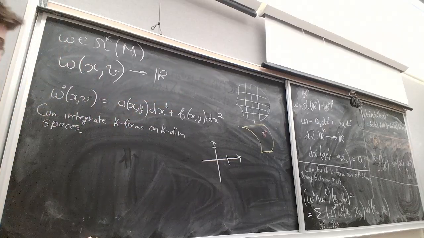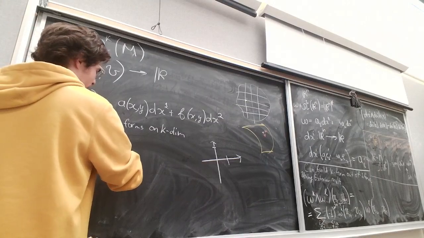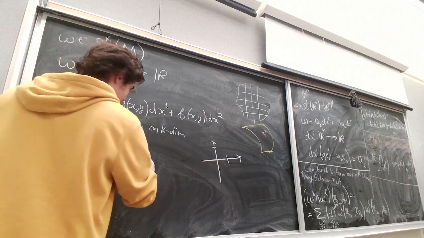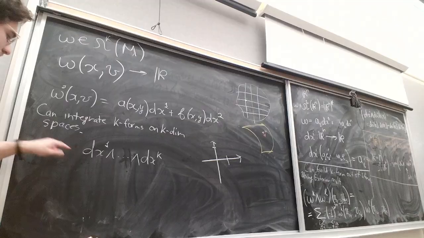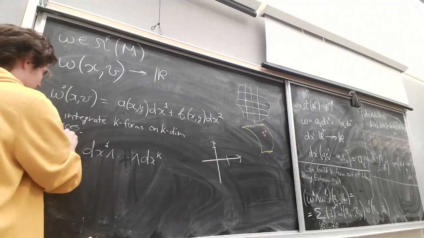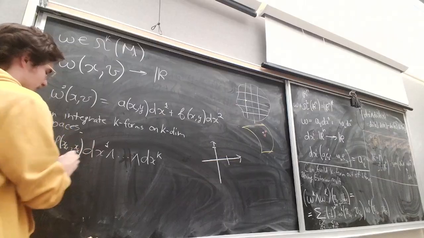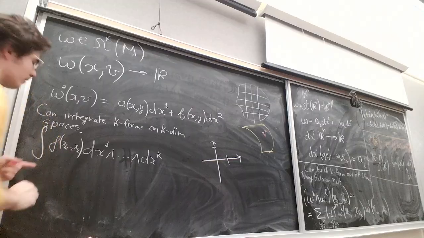It's going to look like dx1 wedge dot dot dot wedge dxk, right? Okay. And the difference is now I know that in principle the coefficient could depend on k coordinates, right? This is what I said. Do you agree? Okay.